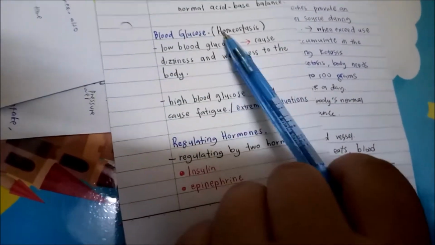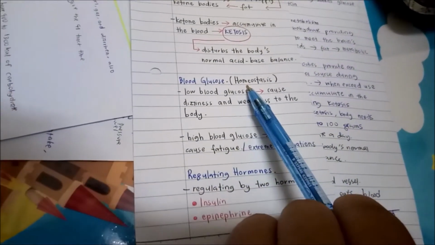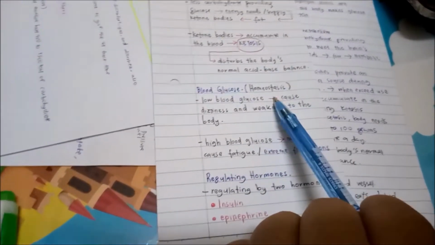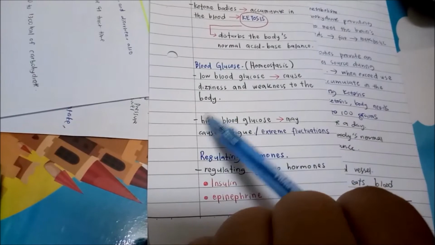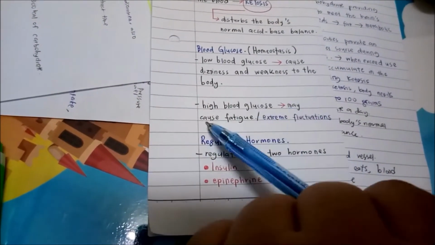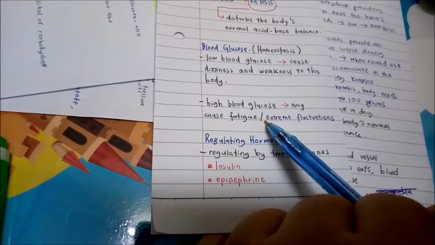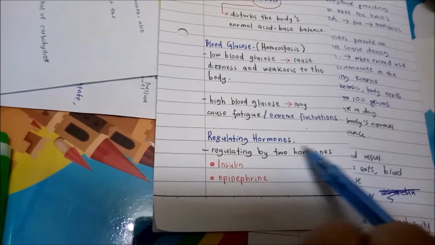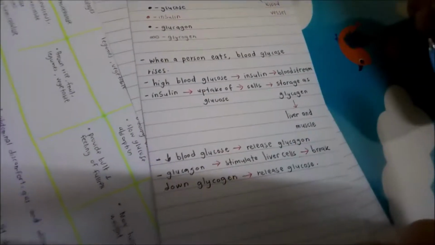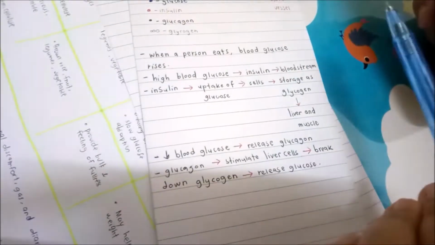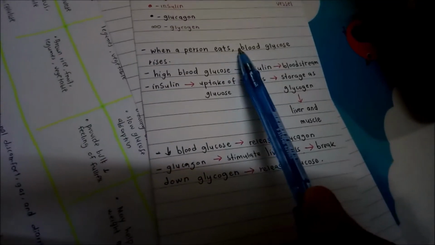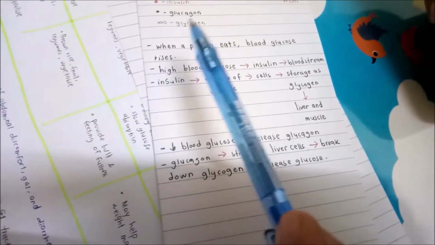For the constancy of blood glucose, low blood glucose in the body will cause dizziness and weakness. High blood glucose may cause extreme fluctuation. For the regulating hormones of blood glucose, when a person eats, blood glucose rises.